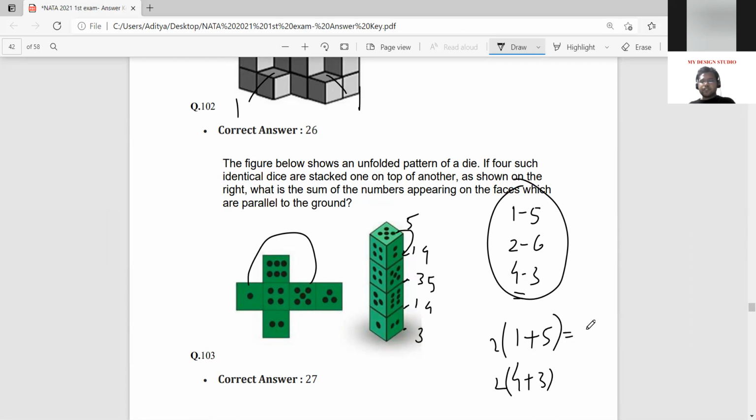This becomes 12 and this becomes 14. Therefore, the sum that we are getting is 26.